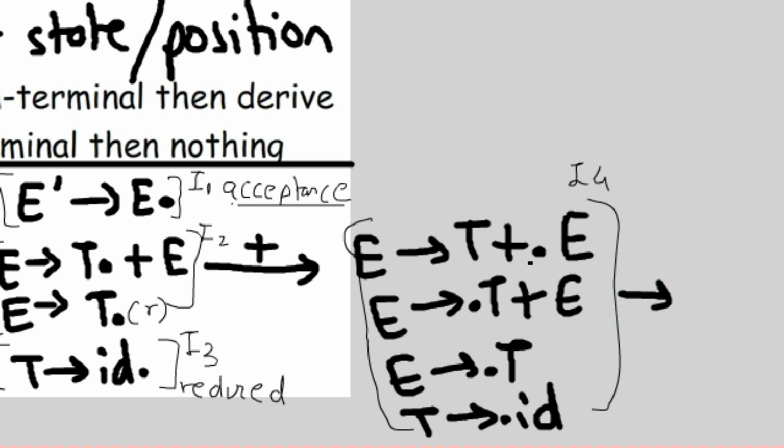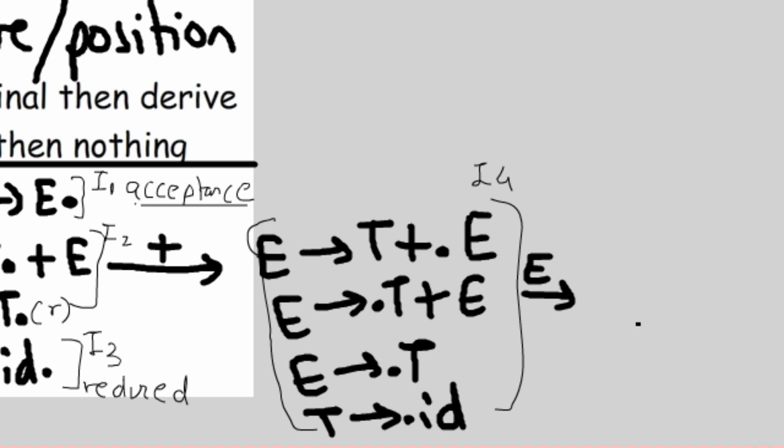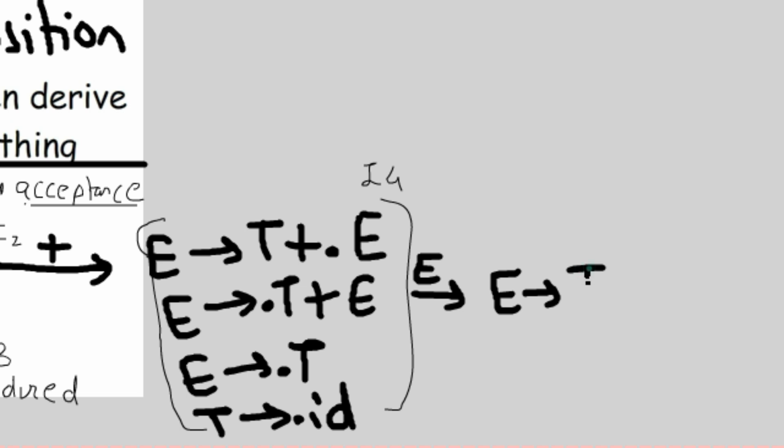Now if dot was in front of E, so dot has observed E, after that what happens? After that we get E tends to T plus E dot.